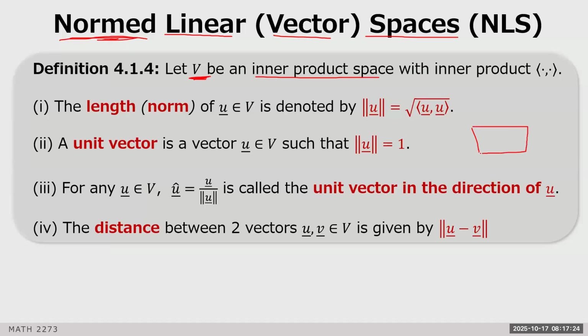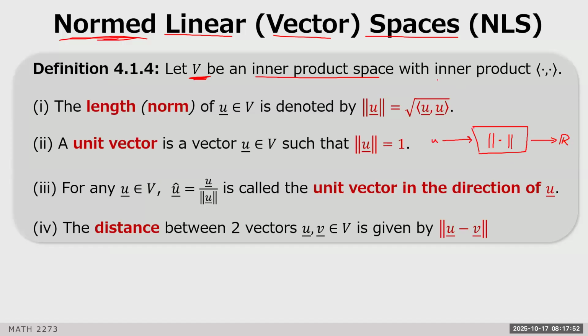And again, you could think of this norm as being a machine. So the norm we denoted by two vertical lines on each side. And this norm machine takes in one vector. So the inner product takes in two vectors. The norm takes in one vector, and it gives you a number, a non-negative number, actually.